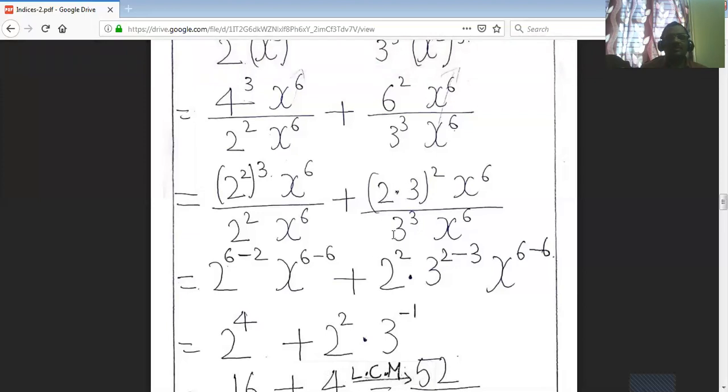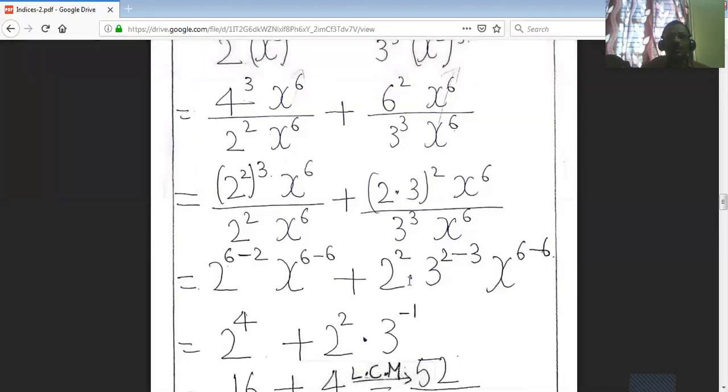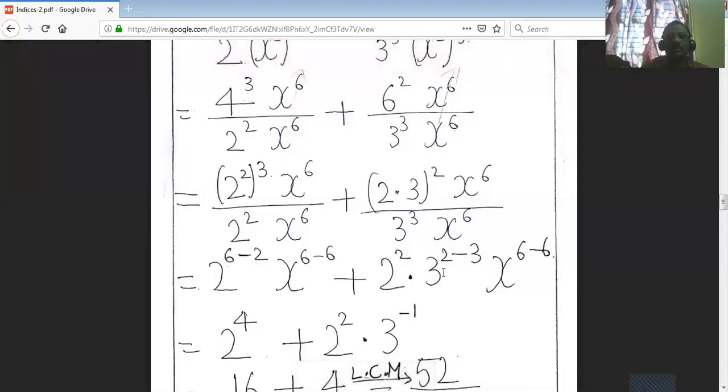Now here I can take the constants one side, 2^2 and 3^2, and again for 3^3, 3^2 divided by 3^3.